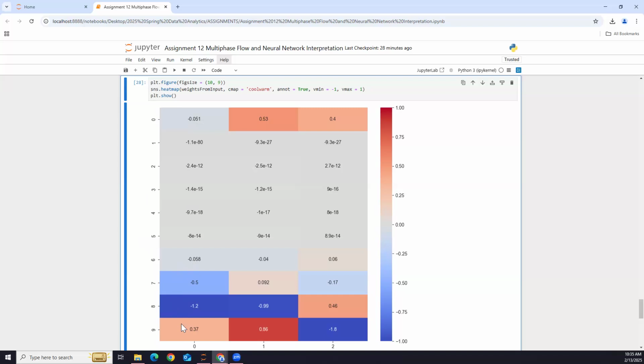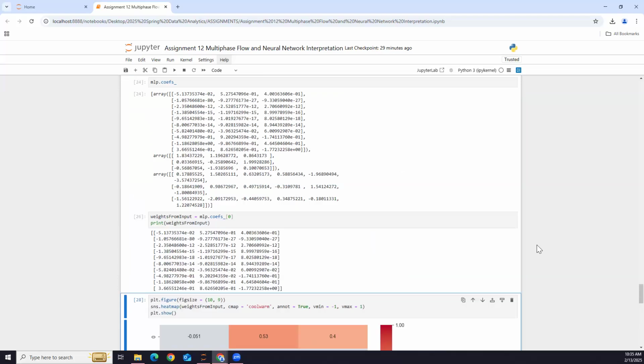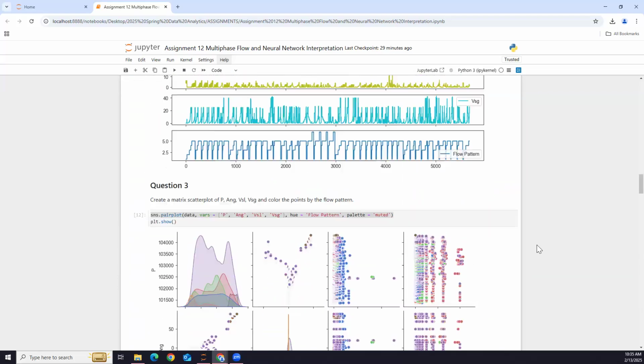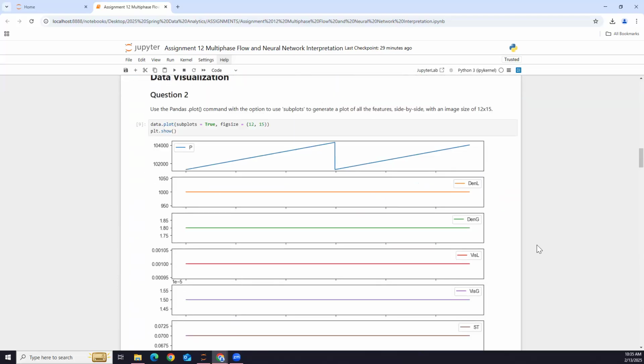And this may seem a little bit counterintuitive because the neural network is essentially saying that these 5 input features, 1, 2, 3, 4, and 5, are pretty much meaningless for this classification. And this might seem counterintuitive, but if you actually look at the data, you will see why this is indeed the case. So let's scroll back up through our Jupyter notebook and look at the initial plot over here.